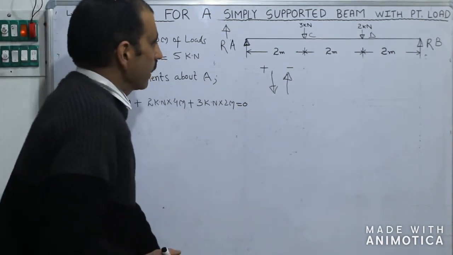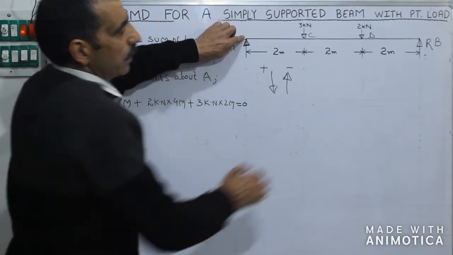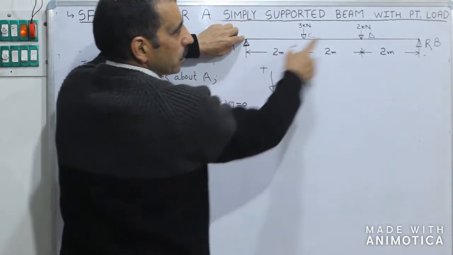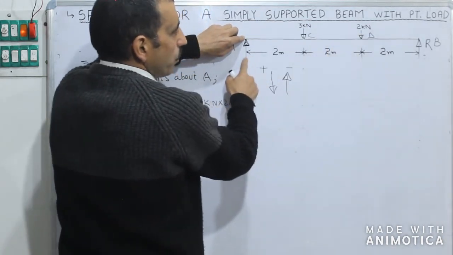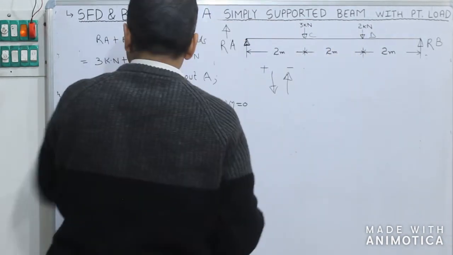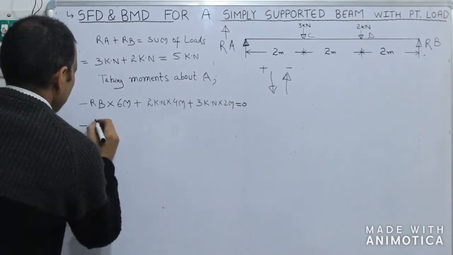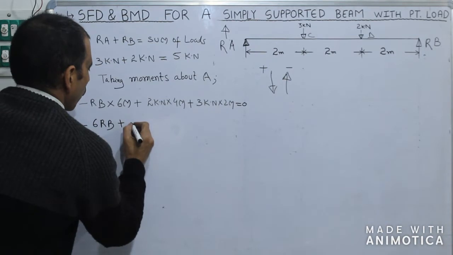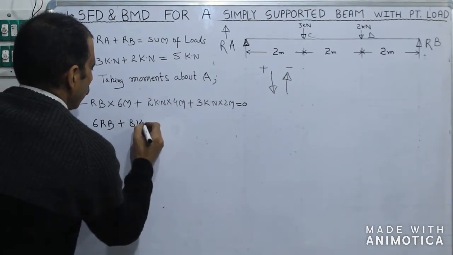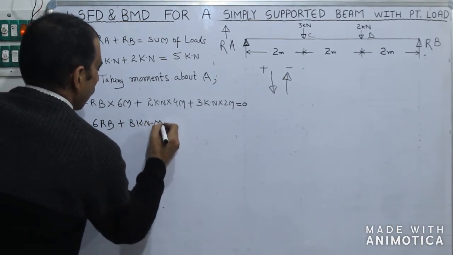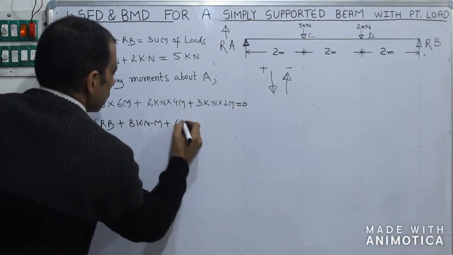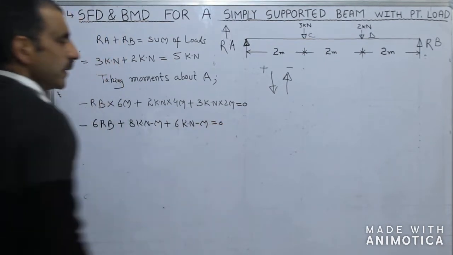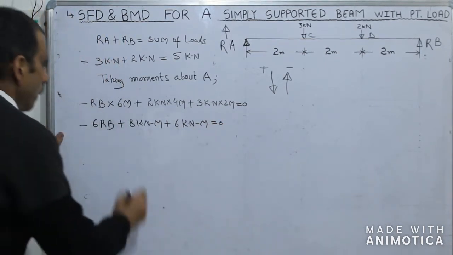That means I have calculated moment about A: RB multiplied by perpendicular distance, 2 kilonewton at a distance of 4 meter, 3 kilonewton at a distance of 2 meter. That is minus 6 RB plus 8 kilonewton meter plus 6 kilonewton meter is equal to 0, because the summation of the moments is 0.